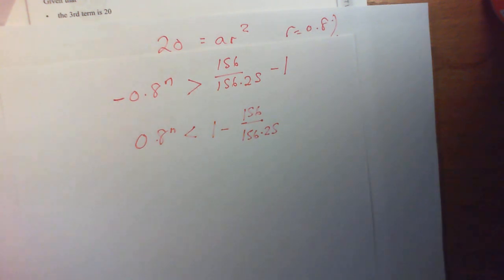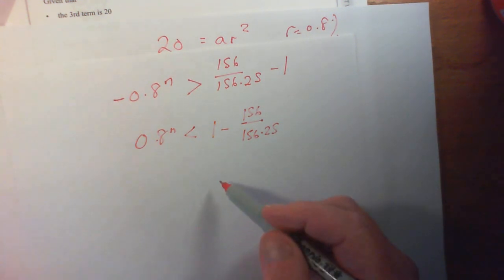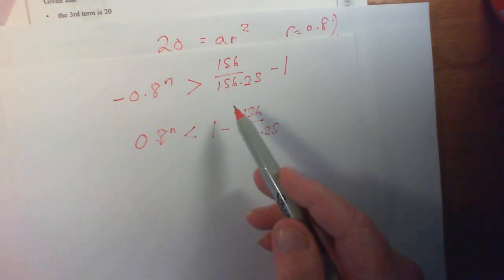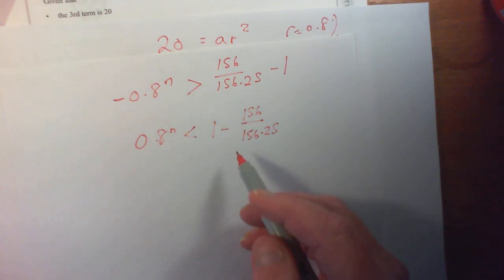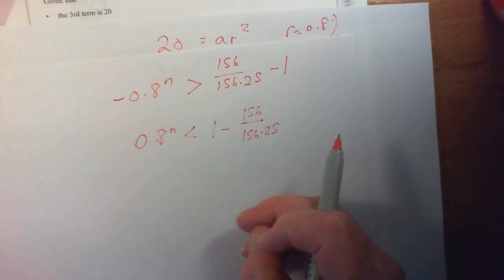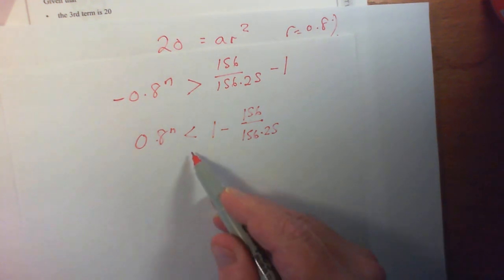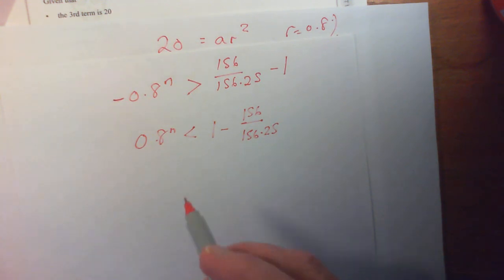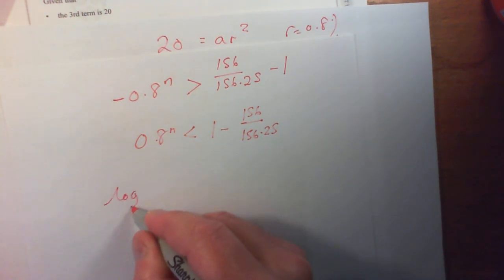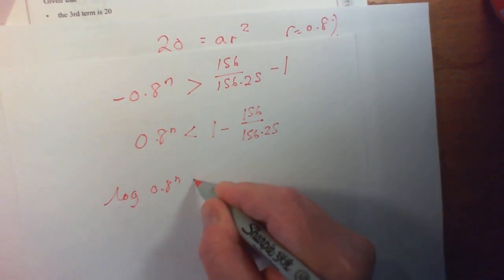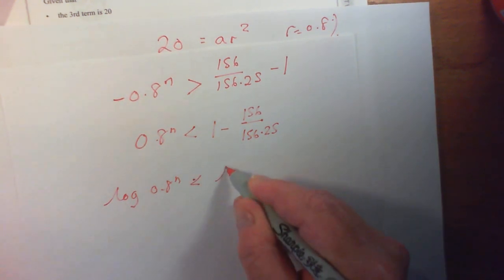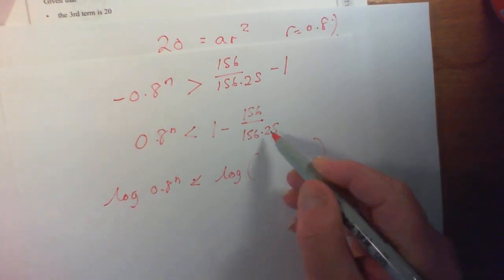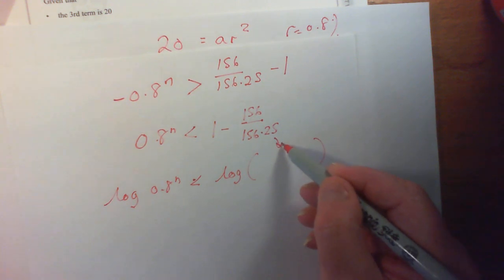I mean, that's the way of looking at it, really, isn't it? You've multiplied through by -1, but when you multiply through by a negative number, you need to reverse the signs. So I can then take the log. The log of 0.8^n is the log of this.